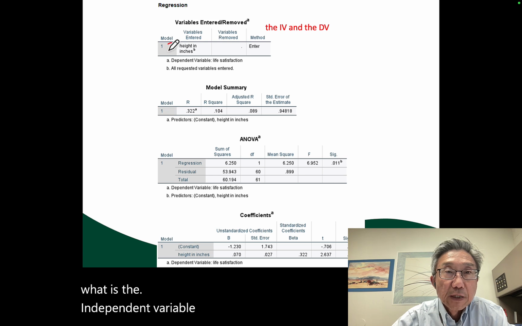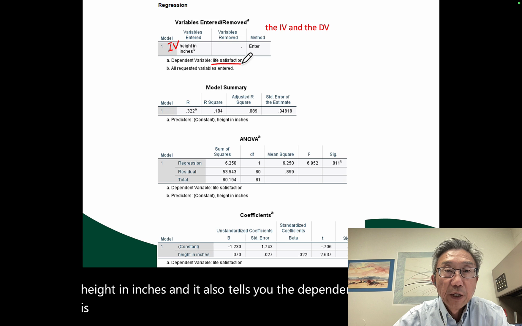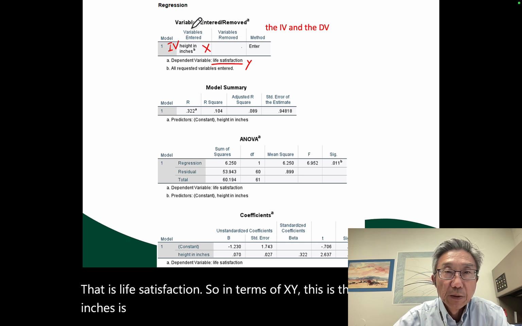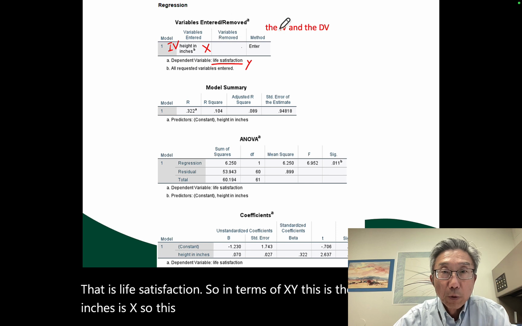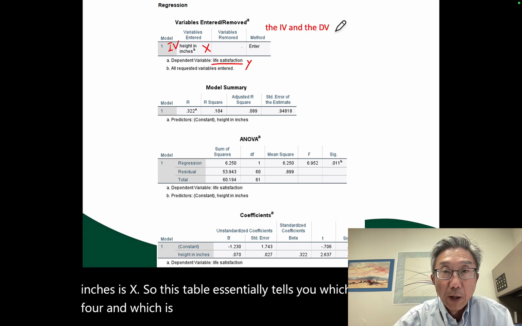So this is the independent variable, height in inches. And it also tells you the dependent variable, which is what you try to predict, that is life satisfaction. So in terms of x and y, this is the y, and height in inches is x. Right, so this table essentially tells you which variable is the IV and which is the DV for the regression analysis.